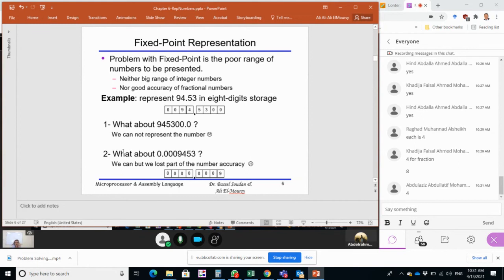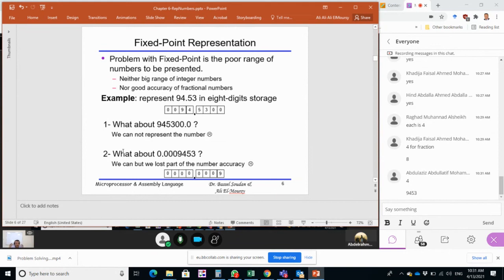Yes, exactly, Abdelaziz. Only 4, which are the 9, the 4, the 5 and the 3. So the number actually has 4 significant digits. The storage has 8, 4 for integer, 4 for fractional, and I just extend the rest with zeros. Right? Nice. Okay, is this a good way to represent?